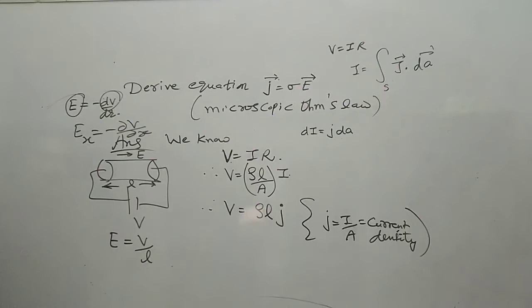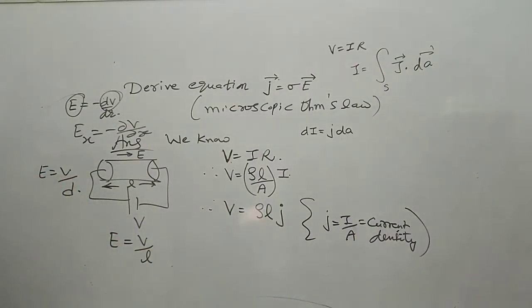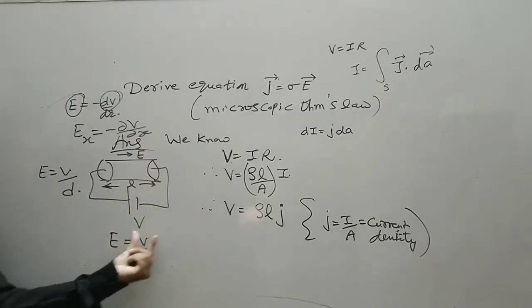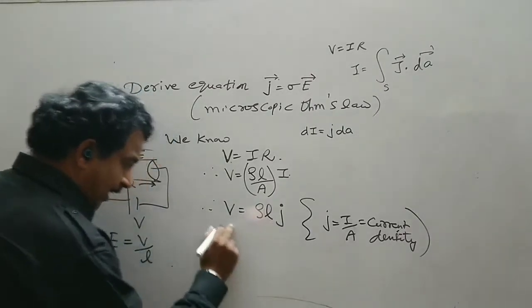Then for a capacitor, instead of L, we have E is equal to V by d. Now for a conductor, the electric field across the conductor is equal to potential difference per unit length. So this V upon L is taken here.